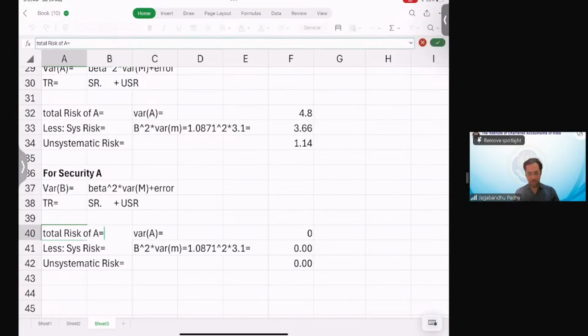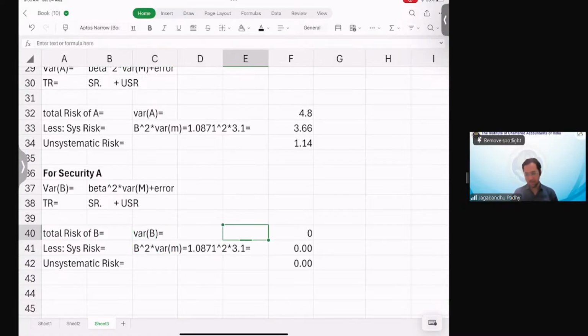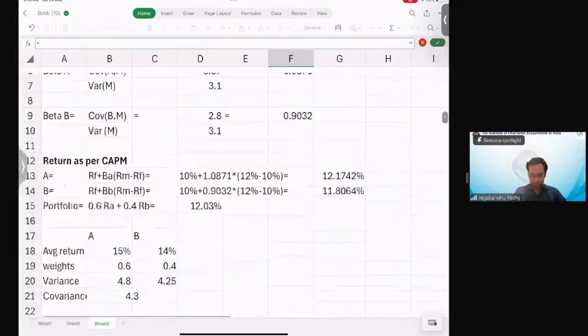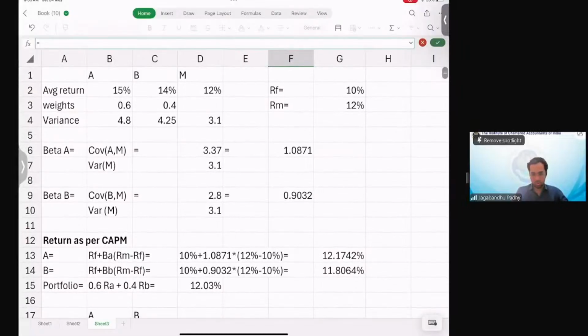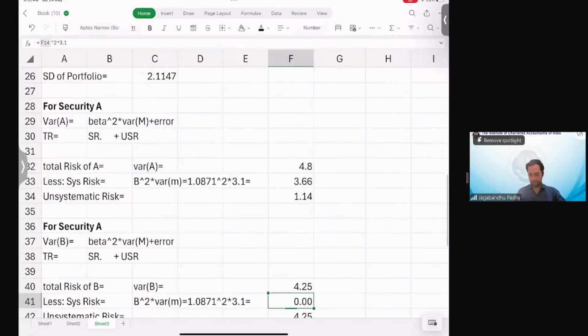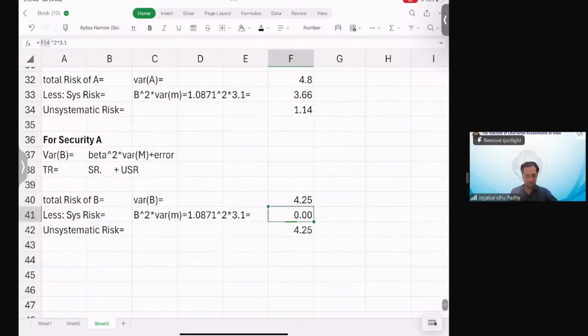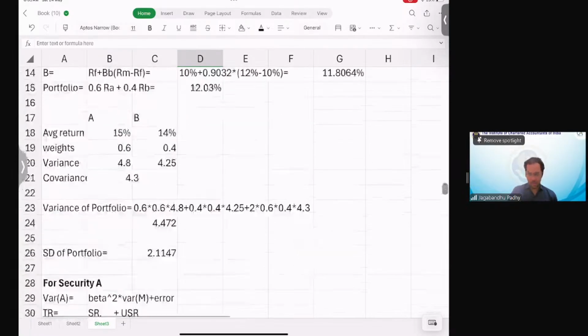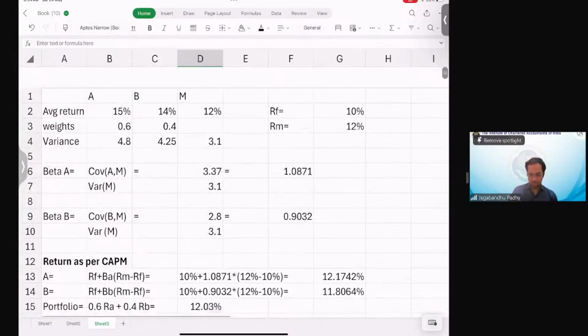So total risk of B will be equal to variance of B. Variance of B is 4.25. Then systematic risk is beta square into variance of market. So beta for B is 0.9032.